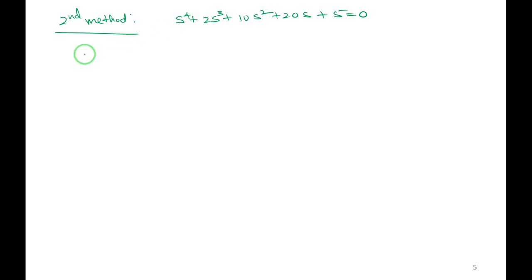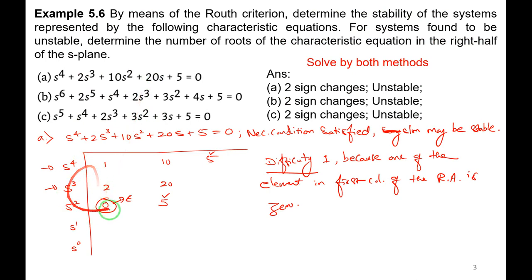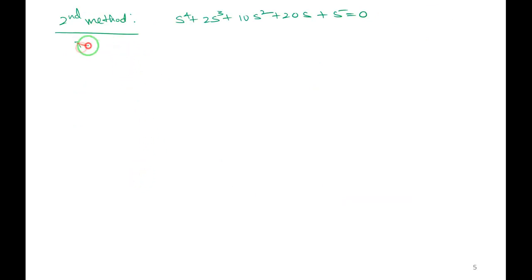Okay, we came to know that it is difficulty 1 already. Here you can see we have formed this much. We know difficulty 1 had come, so we will replace s by 1 by z.